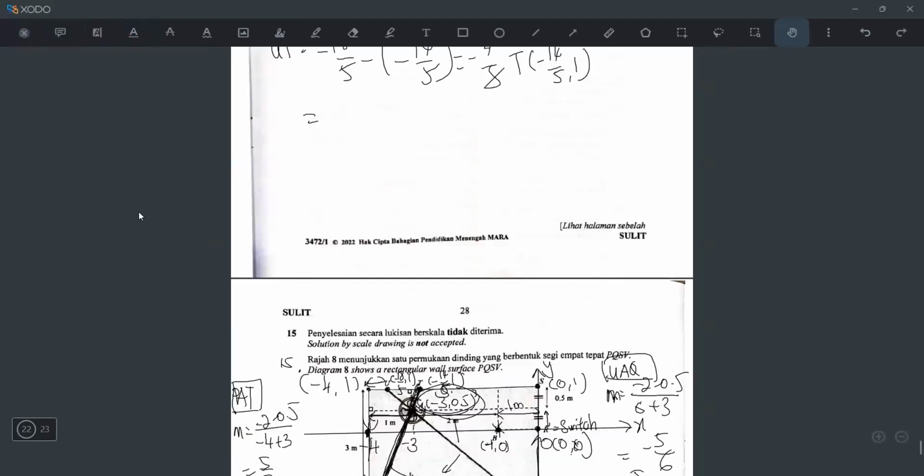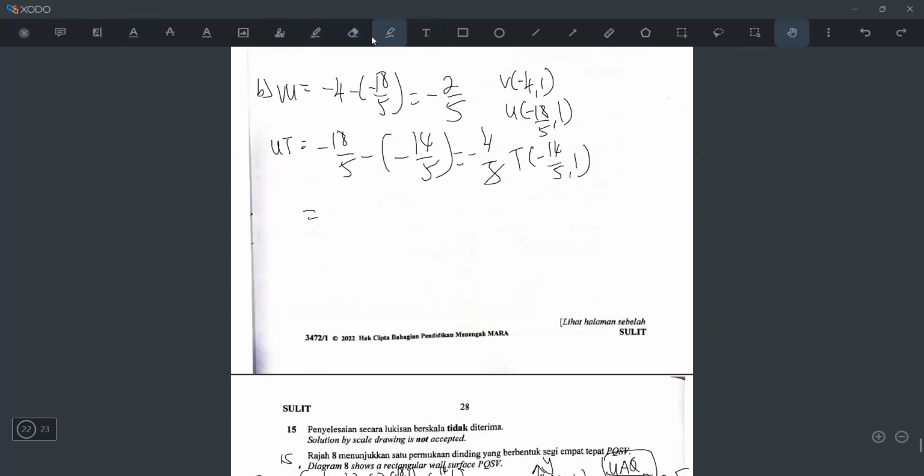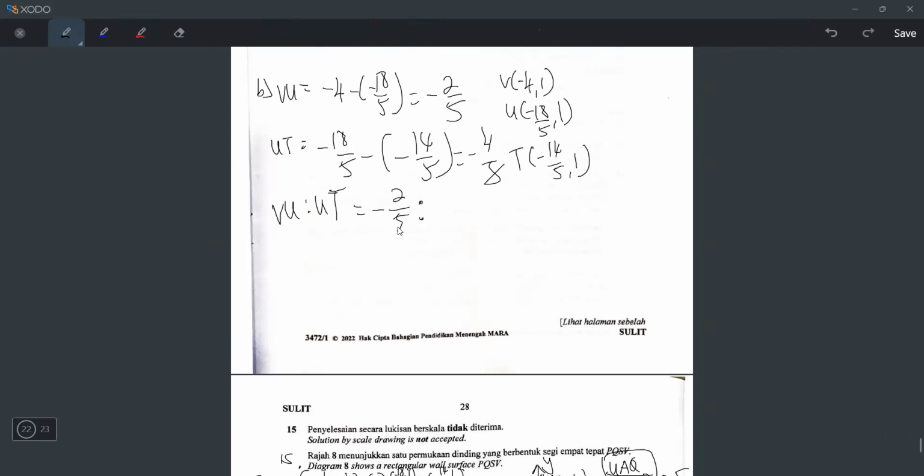Okay, now finally I can answer the next part of the question, which is state the ratio of VU to UT. We know VU is negative 2 over 5, so negative 2 over 5 ratio negative 4 over 5. But ratio is like a fraction, so I can remove the negative.